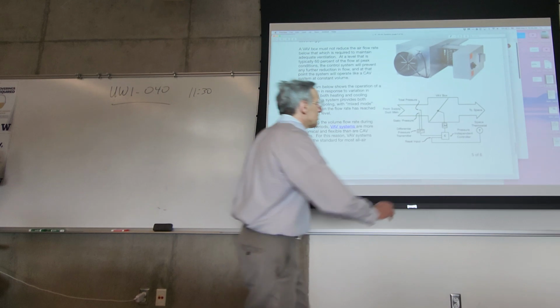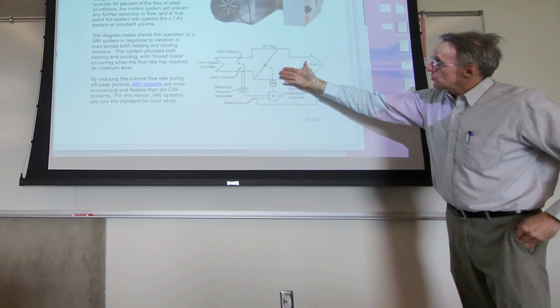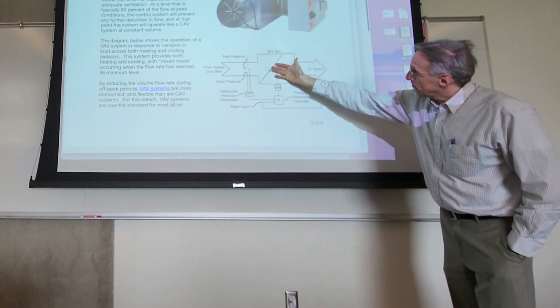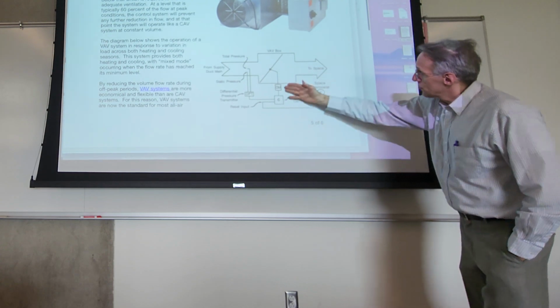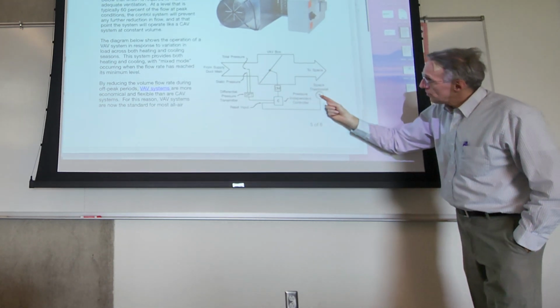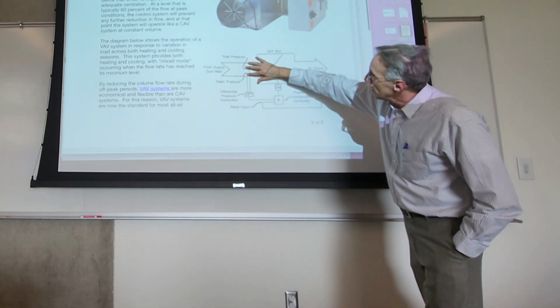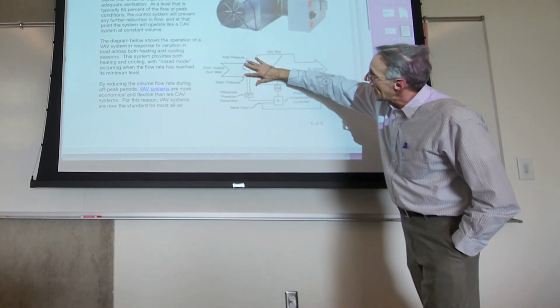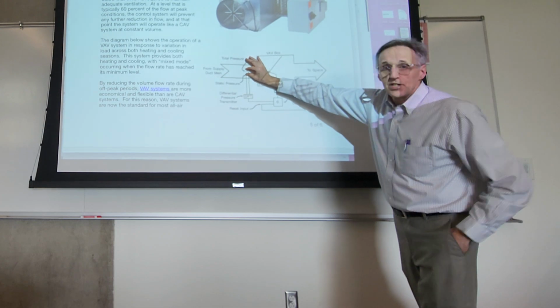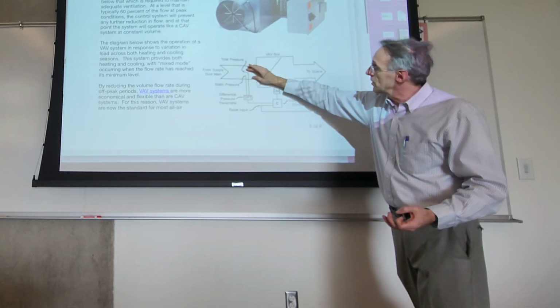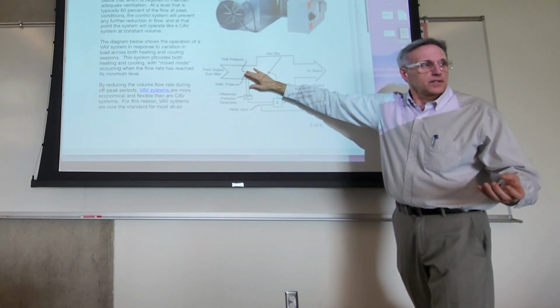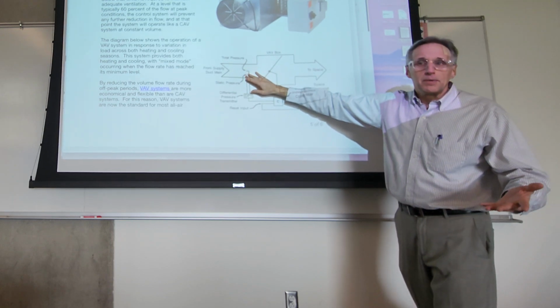And what you do is, this is showing the damper, which you can open and close, and it's controlled by the temperature in the space and the differential pressure here between total and static. That difference is velocity. So by measuring, you probably did pitot tubes, it's kind of like a pitot tube.